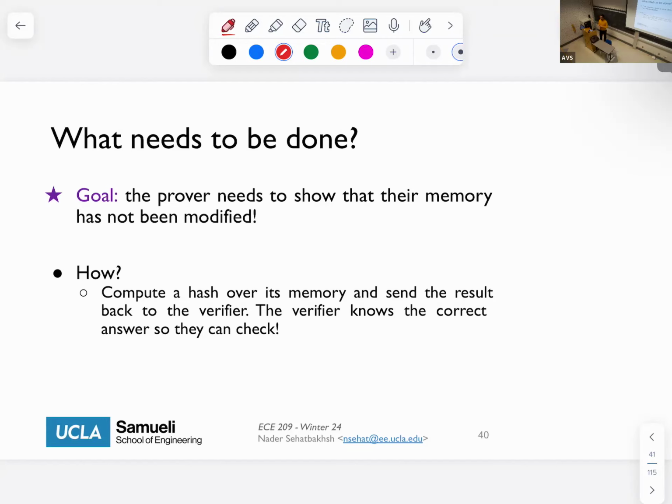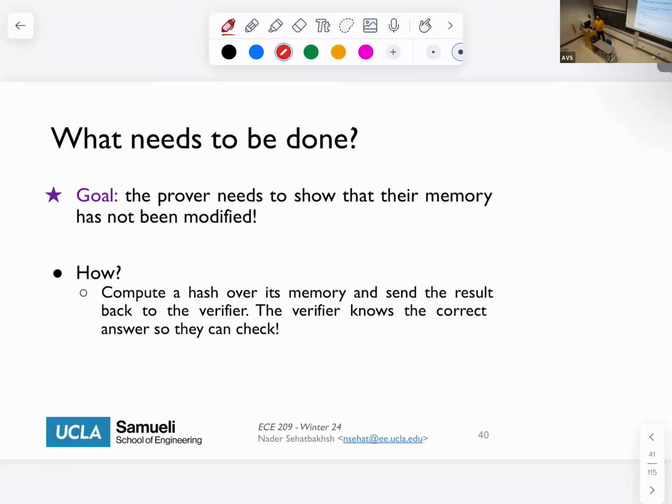So how do we do that? If you remember when we were talking about integrity of data, we said that you can use message authentication codes and hashes to confirm the integrity of something. Usually, we compute the hash over the entire content of the memory, or the parts that we want to make sure have not been modified. We send this hash; we can sign it or send the hash individually. We're going to talk about that in this lecture.